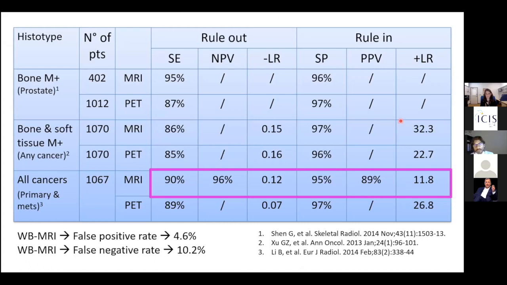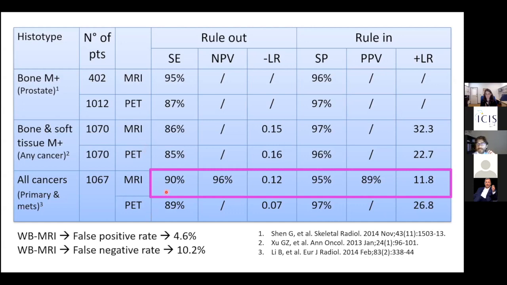These are the figures that we see in the literature for whole body MRI to detect primary cancer and metastasis. As you can see here, the sensitivity of whole body MRI in the published meta-analyses, which are all included in this table, is roughly 90% for primary and metastatic cancer, which is more or less comparable to that of PET, 89%.